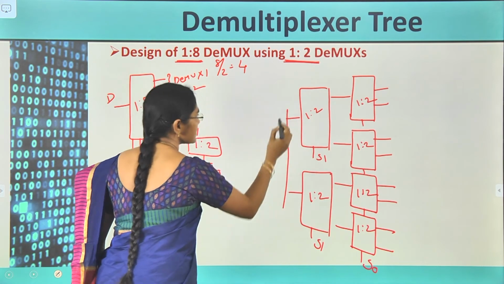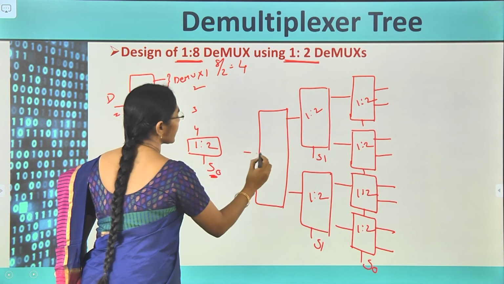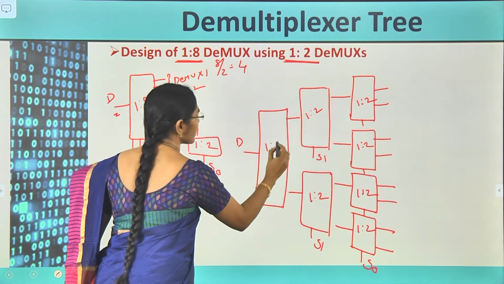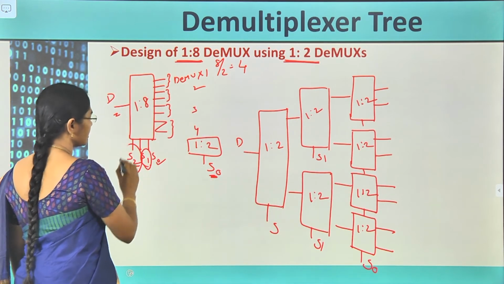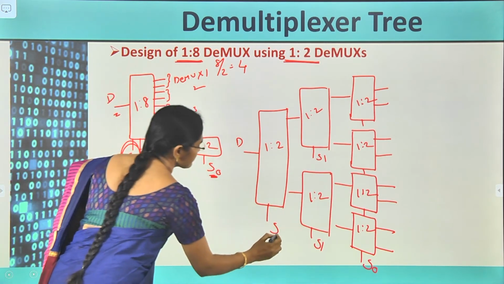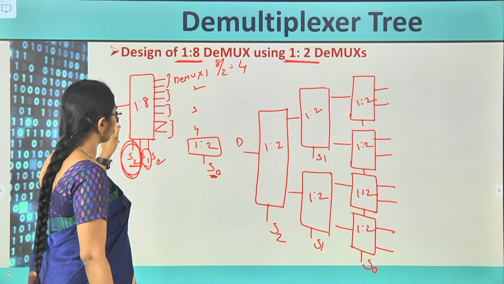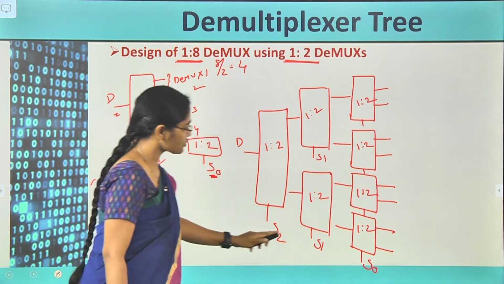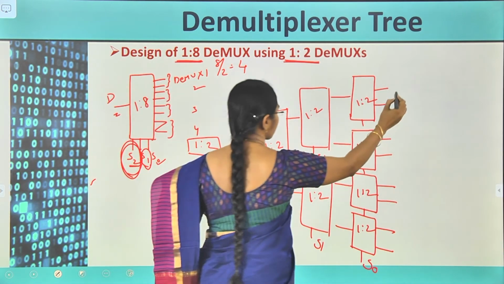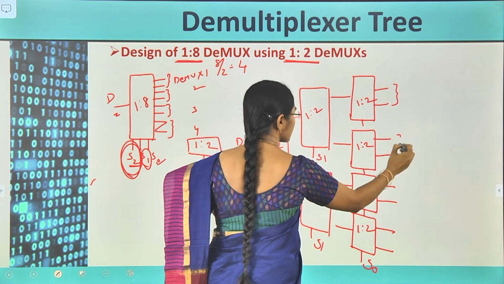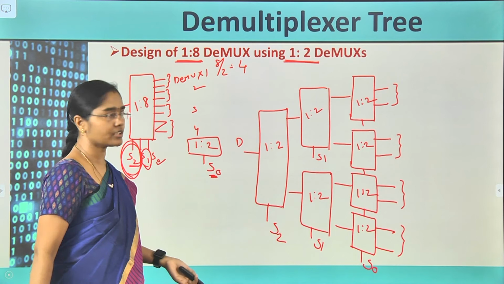Since 2 signals are required and 1 input is possible, connect the D input here. Use one more 1:2 demultiplexer with the last selection signal S2. So this has input D, selection lines S2, S1, S0, and a total of 8 outputs. This is the first section, second section, third section and fourth section, that is, a total of 8 outputs.